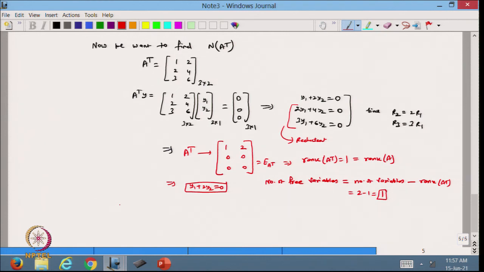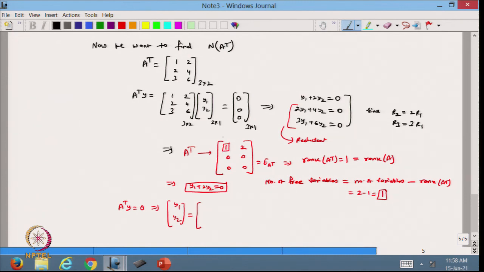So, from here I can say that A transpose y is equal to 0, which gives me y1 y2. Here y1 is my basic variable and y2 is non basic.